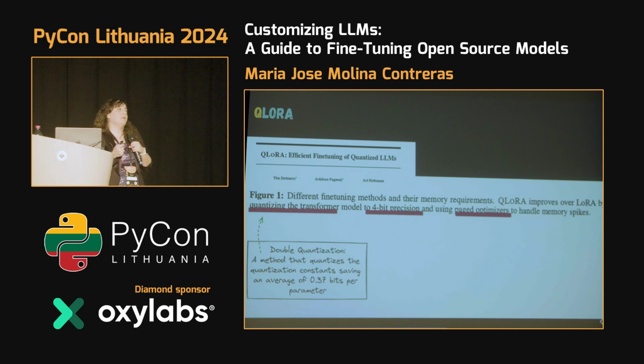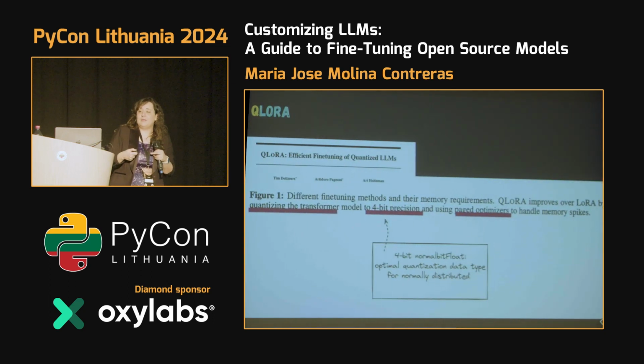Then we have quantization. If you are familiar with machine learning for microcontrollers or other fields in science, maybe it's familiar to you. The idea is to simplify the weights, the numbers associated with the weights, without losing precision. In this case, it's double quantization. This means that we quantize and then we quantize again. Then we have the 4-bit information.